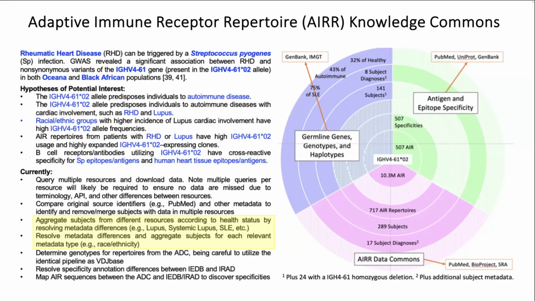If you're interested in a particular gene, in this case this V4-61*02 allele that's involved in rheumatic heart disease, you might have a bunch of questions that cover these various resources. Well, today doing that is relatively complicated because you'd have to go to each one separately and query it. Once you get the data, you download it, and you have to deal with all the different formats and how to merge it. It ends up being very complicated.